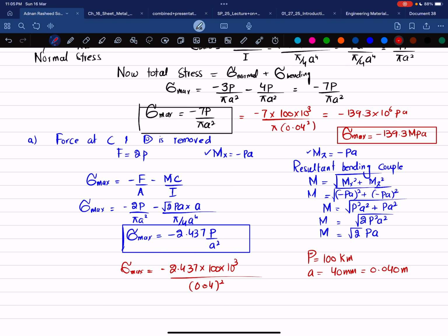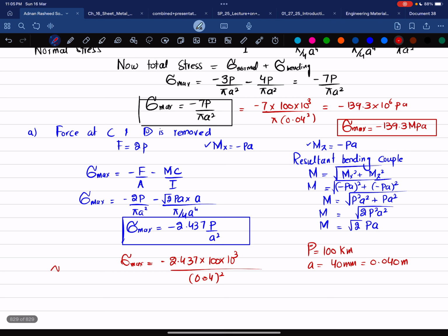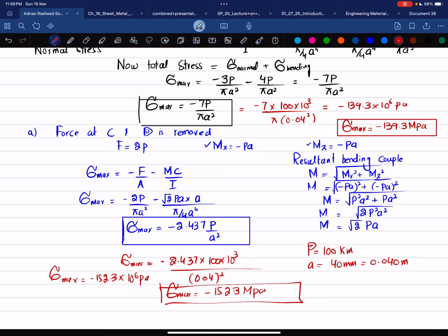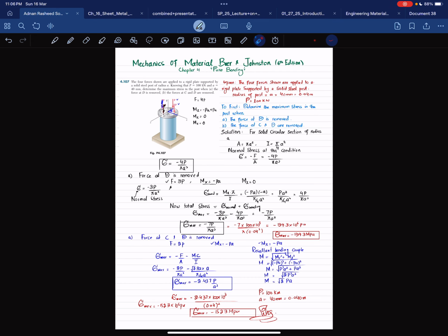So when you solve this, you will get maximum normal stress equal to minus 152.3 into 10 raised to power 6 Pascal, or you can say that maximum normal stress is equal to minus 152.3 megapascal, which is the answer of our second part when force at points C and D are removed. So this was all about this problem 4.107.